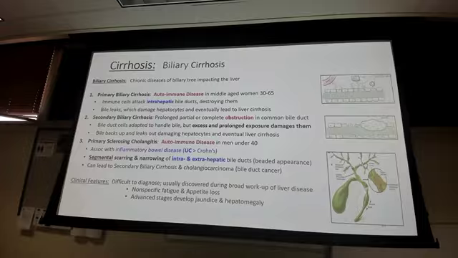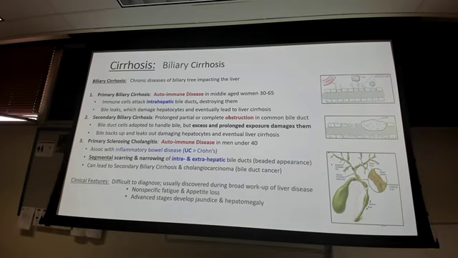Secondary biliary cirrhosis is where you have obstruction of the common bile duct. Something's blocking it, right? Those bile ducts are made to have bile in them, but the longer that stuff sits there, the more damage is going to occur.